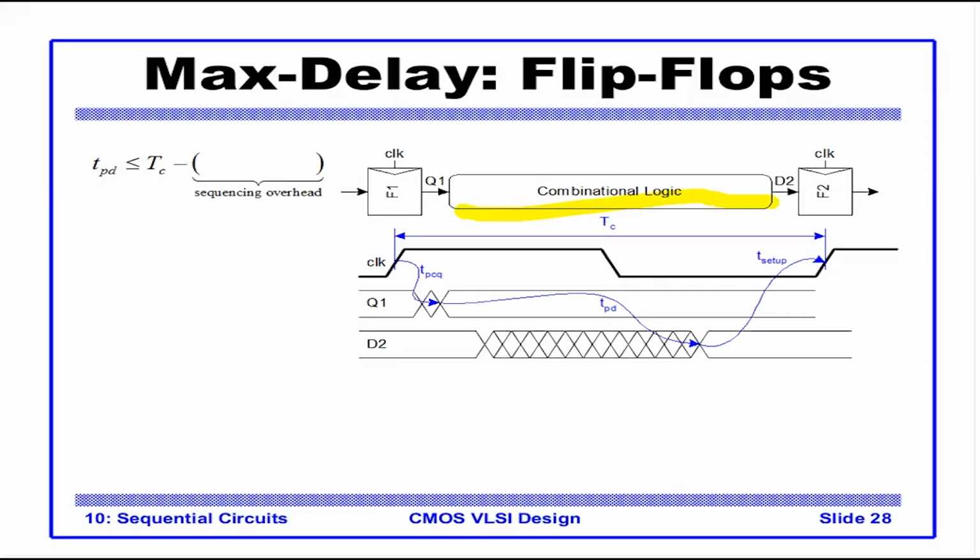Now we added one flop here, one flop here. We added some sequential elements. Now what happens? Let's say the time period of the clock is TC, the time between the first edge and the second edge of the clock. Now everything should happen within this period.